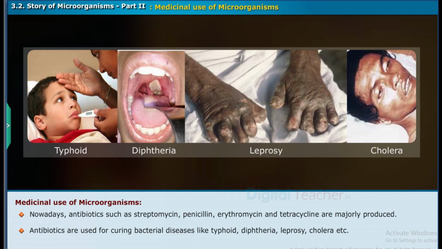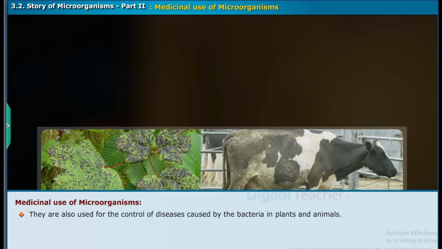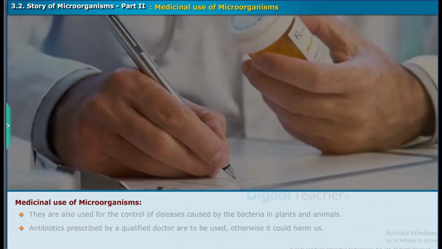Antibiotics are used for curing bacterial diseases like typhoid, diphtheria, leprosy, cholera, etc. They are also used for the control of diseases caused by the bacteria in plants and animals. Antibiotics prescribed by a qualified doctor ought to be used, otherwise it could harm us.